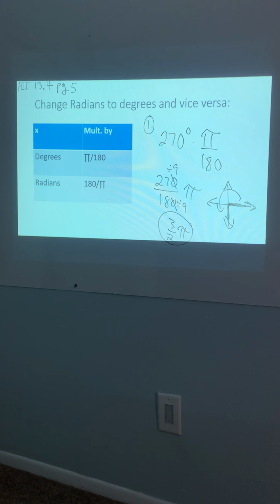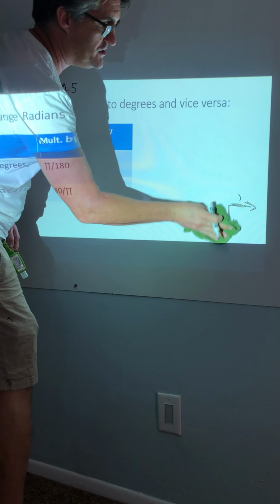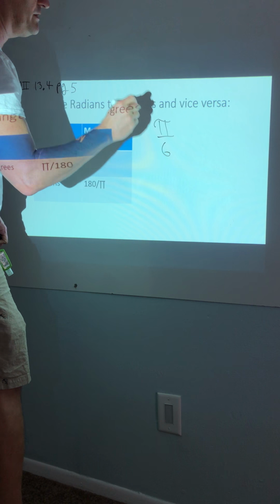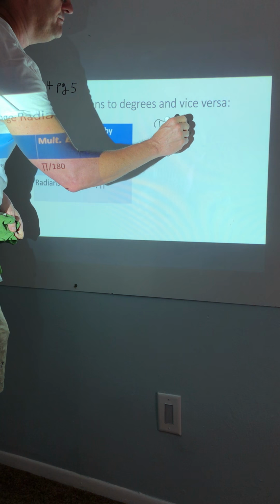Now let me give you one in radians, and then we'll convert it into degrees. I'm going to erase this. Let's pick one that you're going to see a lot of: pi over 6. That's radians. How do you know it's radians? It's got pi in it. So I'm going to multiply by 180 over pi.